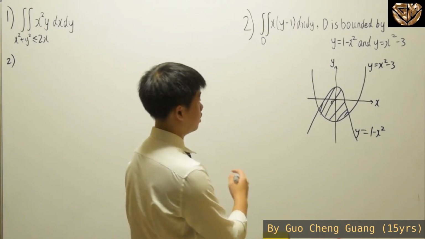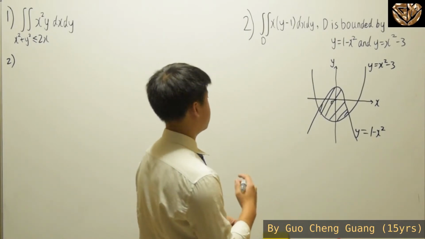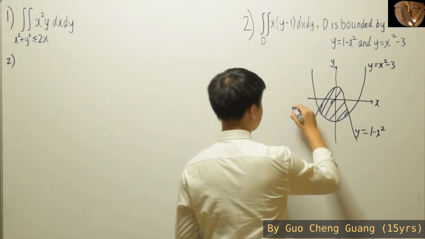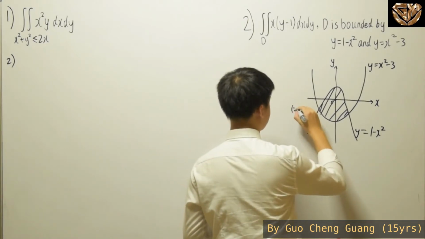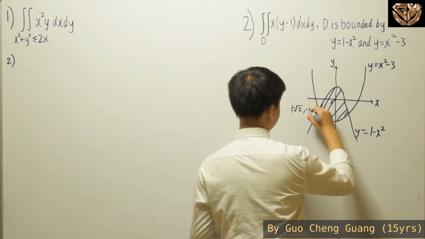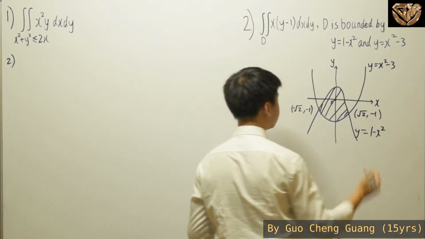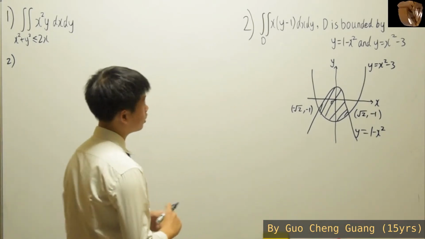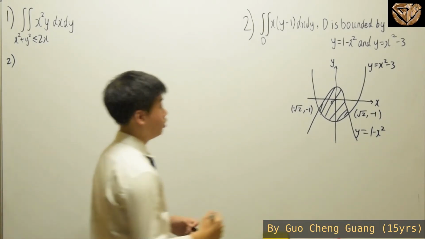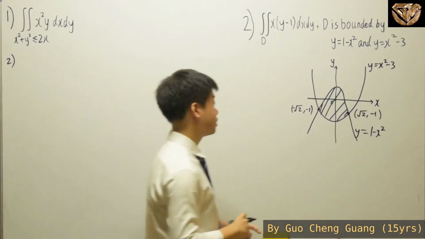You have 2x squared is equal to 4, which gives x is equal to positive negative square root 2. So you're going to have negative square root 2 substituted in to get y is equal to negative 1, and square root 2 gives negative 1. Alright, so those are your 2 points of intersection between these two graphs.